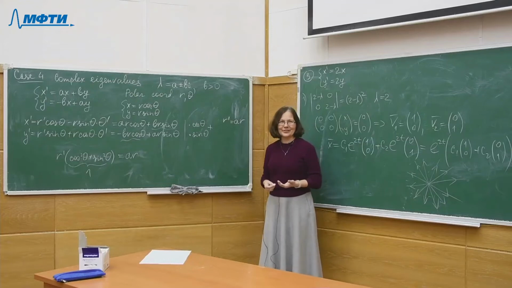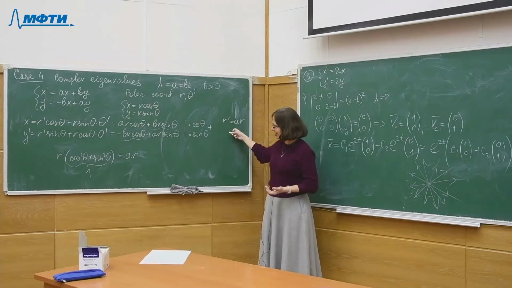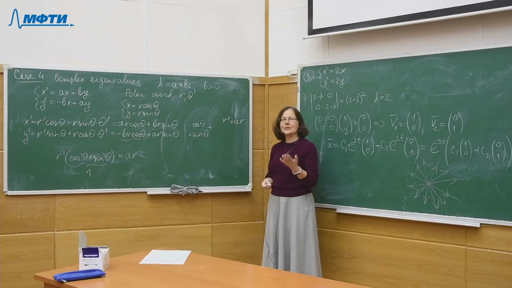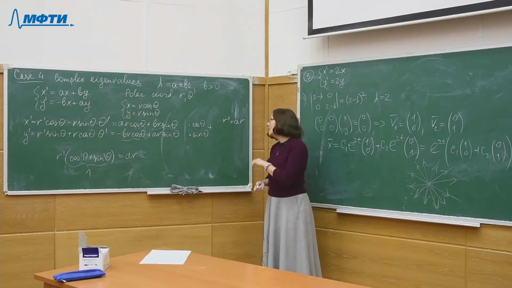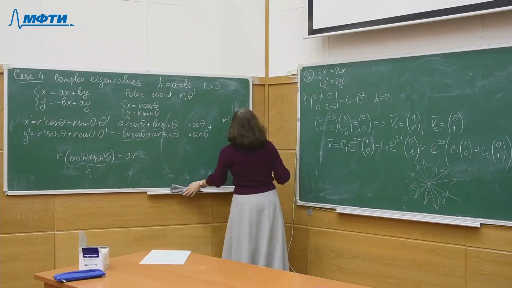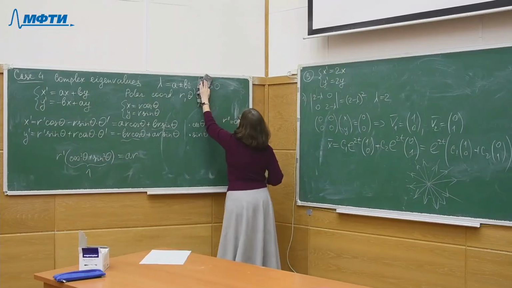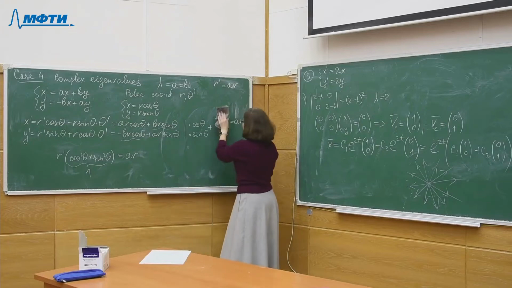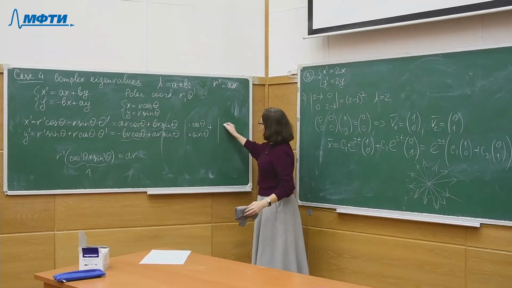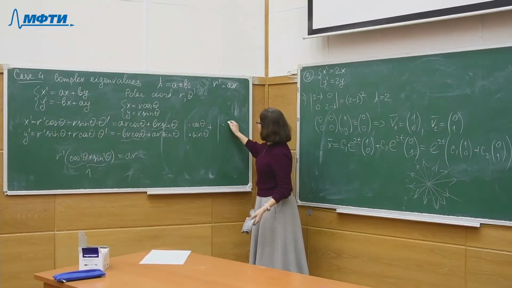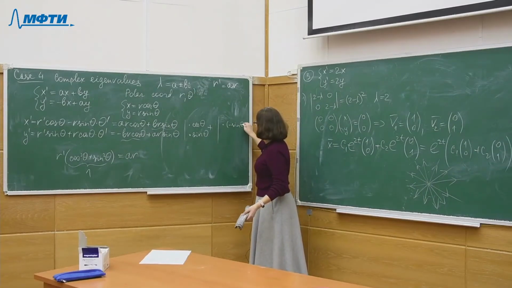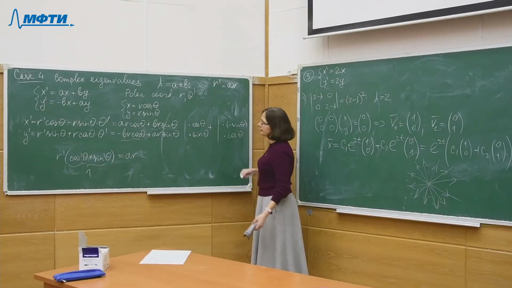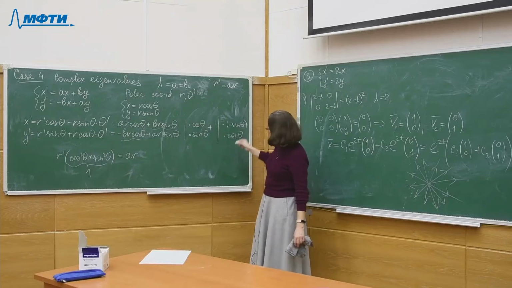So very good, right? What about theta prime? To obtain theta prime, maybe I will rewrite it here. We will multiply the first equation by minus sine theta and the second one by cos theta, and add them together.